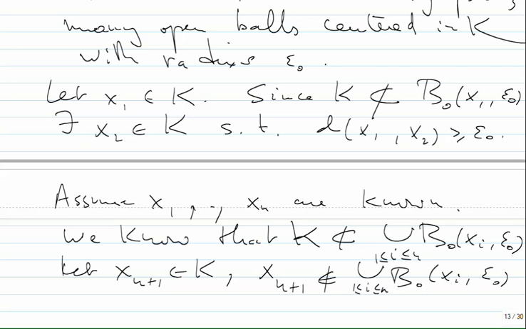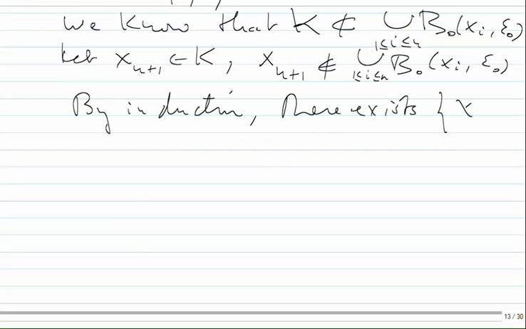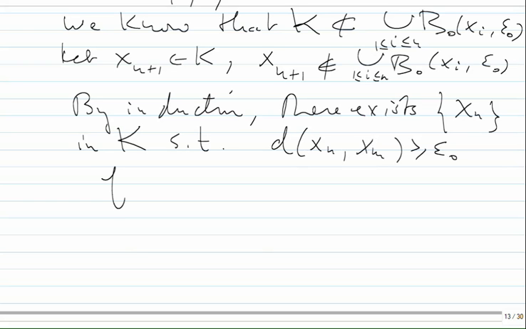By induction, there exists a sequence xn in K such that the distance from xn to xm is greater than epsilon 0 for any n different from m.